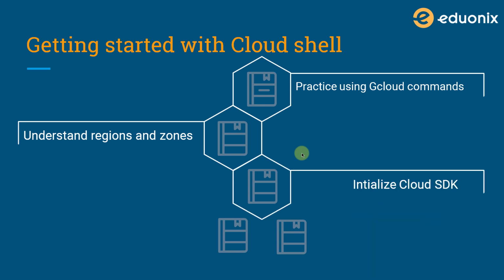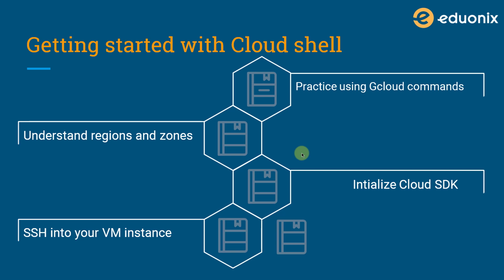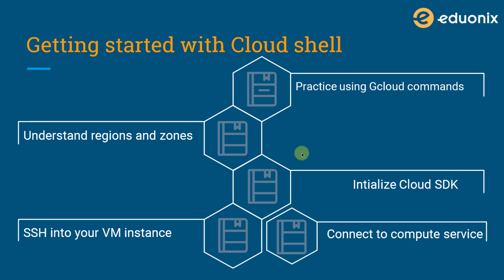Also, we will initialize our Cloud SDK. Then we will use SSH, secure shell, into our VM instance, virtual machine instance. And the last part is connecting to compute services. So let's get started.